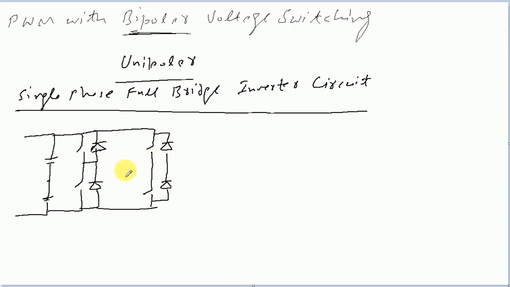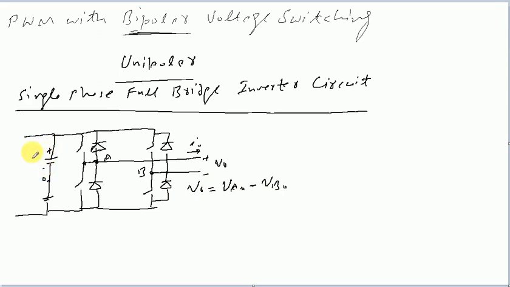This is point A, and then we have this point B, and the output voltage is across these two points. As I mentioned, V naught is equal to VA naught minus VB naught, and this is the point O.